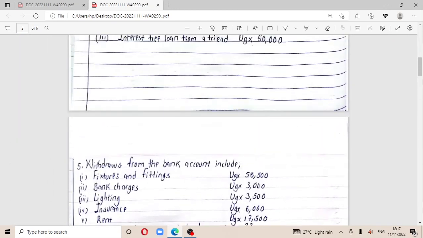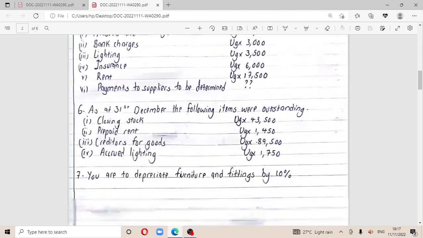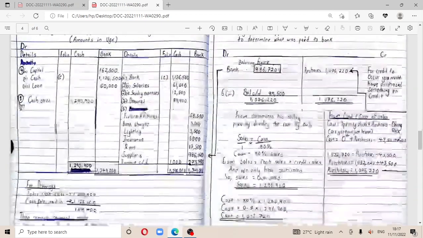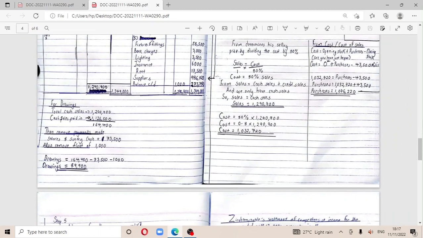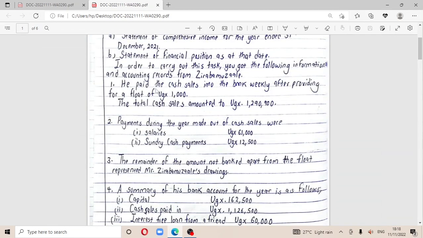So when you come back to note number 3, they say the remainder of the amount not banked apart from the float represented the drawings. So you also have to deduct the 1,000 float. Before you even remove the float, remember the cash sales had some payments, which, when you look at note number 2, were 61,000 and 12,500.